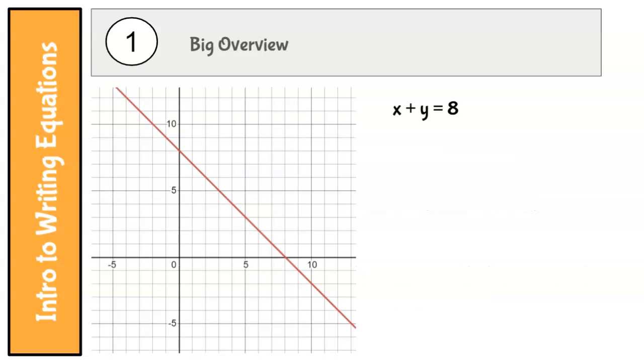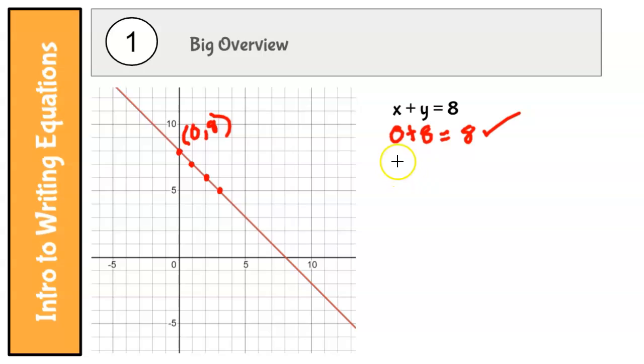So real quick, let me explain what I just said with an example. So here we have a graph, okay? And every point on this graph is another solution to this equation. So here we have (0, 8). And if I put 0 plus 8, it does in fact equal 8.